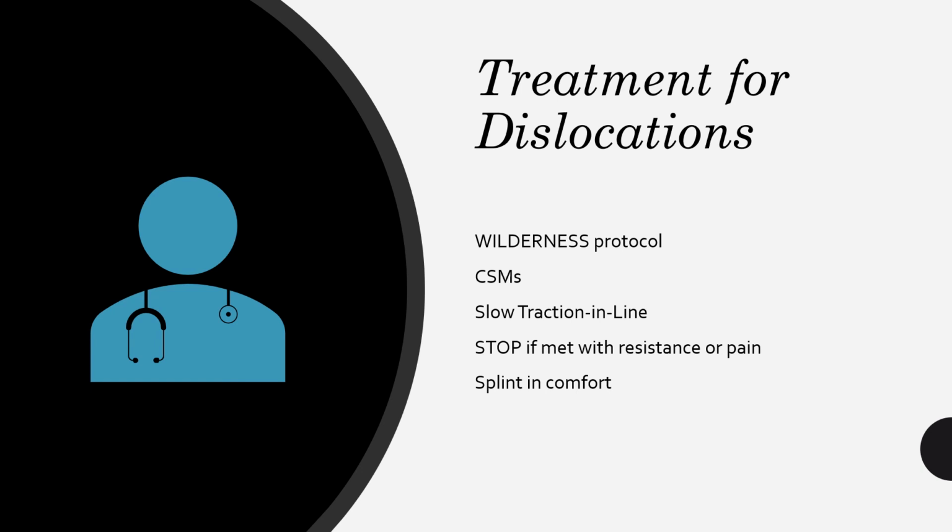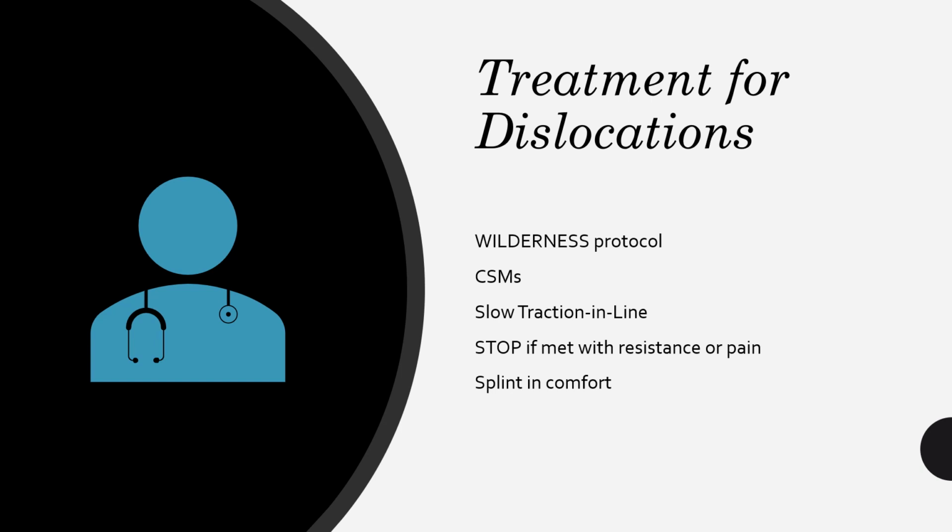We then have to note that if the CSMs have changed after we've done that reduction, we want to try to place that extremity back into that anatomical position and then get them to more advanced care. That means something in that reduction went wrong, causing some sort of altered CSMs. We can use RICE and pain medications after reduction has occurred.